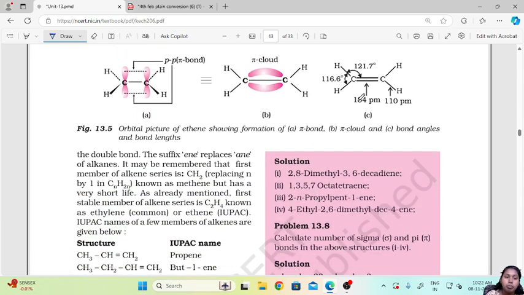You have to make sure that the lowest possible number is given to the carbon containing the double bond. Now for alkanes, every name ends with ANE, right? For alkenes, every name will end with ENE. The suffix will be ENE, which replaces the ANE of alkanes.